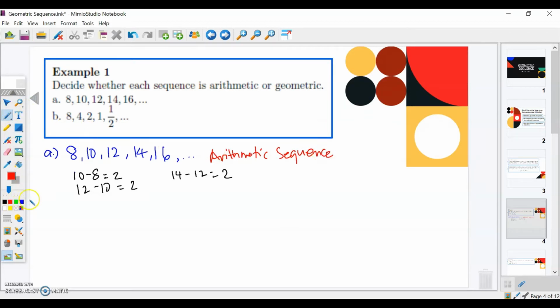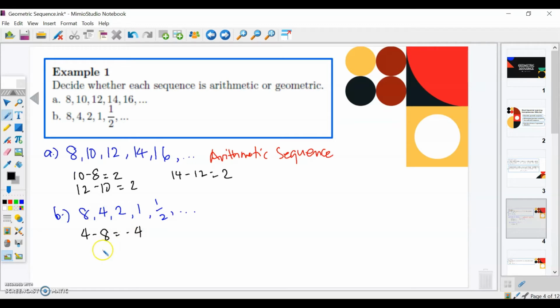Let's have the second one. For the second one, we are given 8, 4, 2, 1, 1/2, and so on. We first determine whether this has a common difference. Again, we take two consecutive terms and subtract them. I will take 4 and subtract 8 from it, and I will have negative 4.